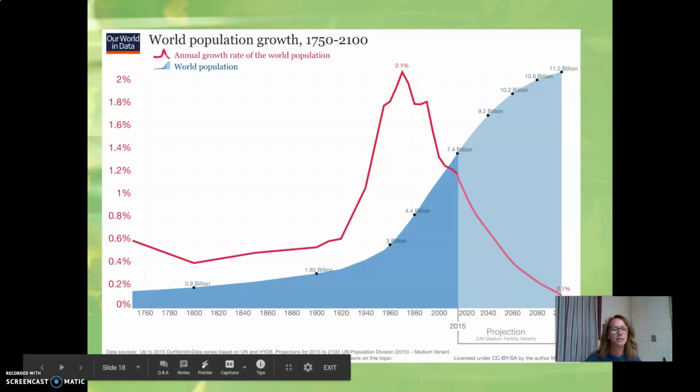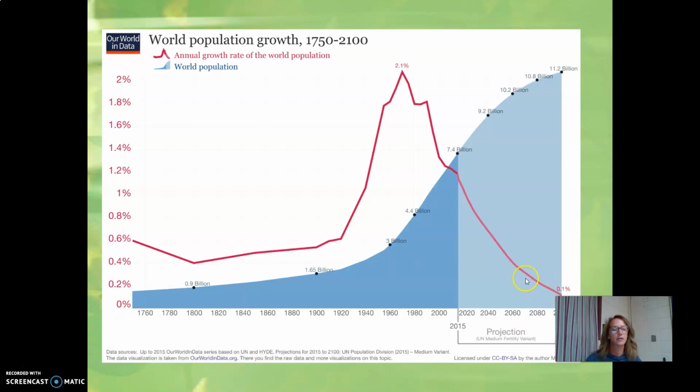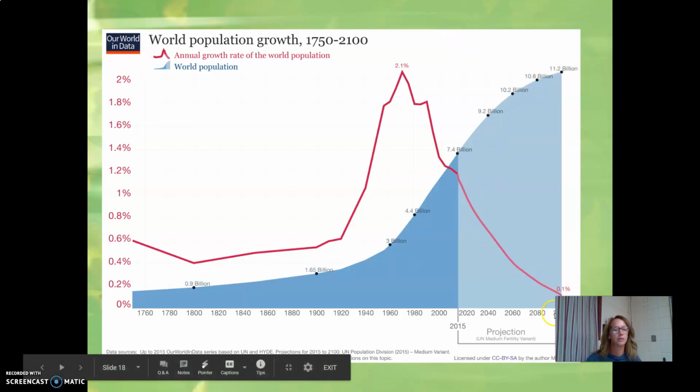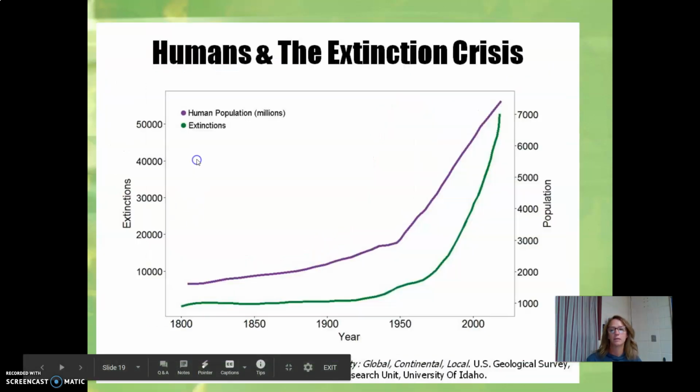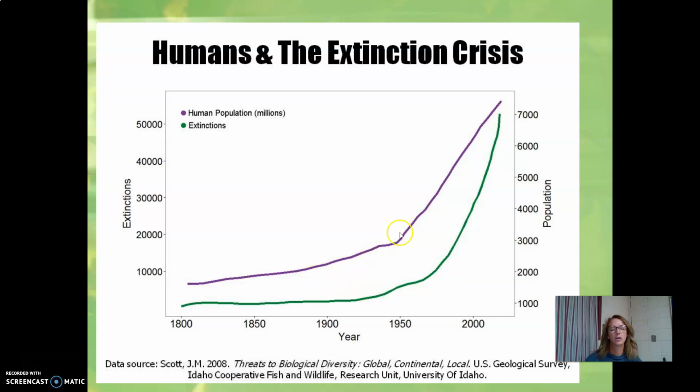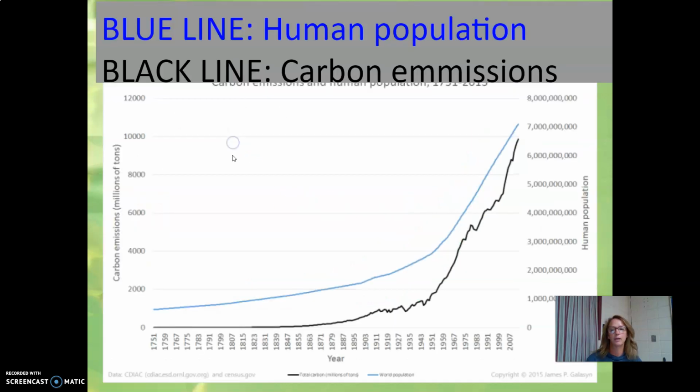And as you can see, because we understand carrying capacity, the humans are starting to slow down our reproduction rate. So we're getting this curve to level off at the top because we have learned to not have as many babies. Another thing that's interesting really quickly is as humans grow, and we increase in population, we are also causing the extinction of other species at an exponential rate.